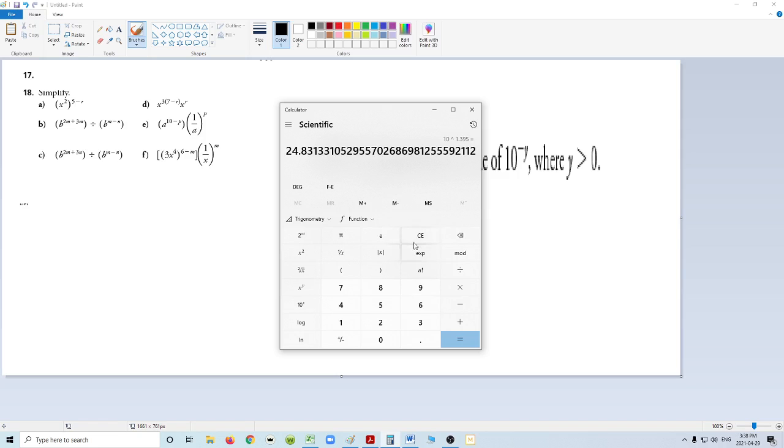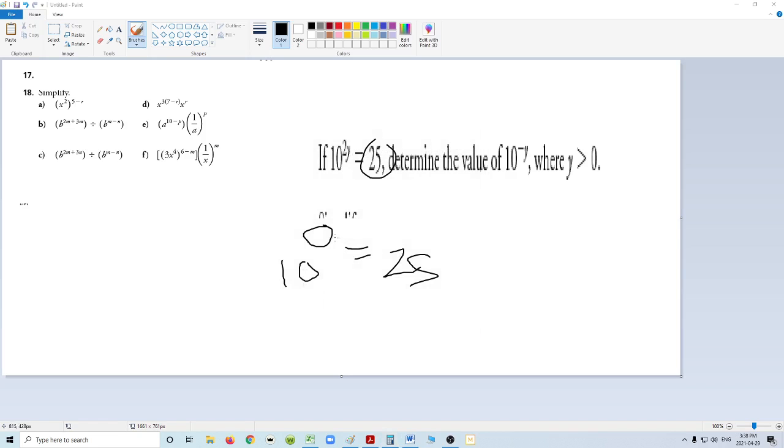Higher, so 1.97. So 10 to the power of 1.399, I think. Yeah, let's do that. So 10 to the power of 1.399, essentially 1.4, let's just say 1.4 to keep our life easier, is equal to 25.